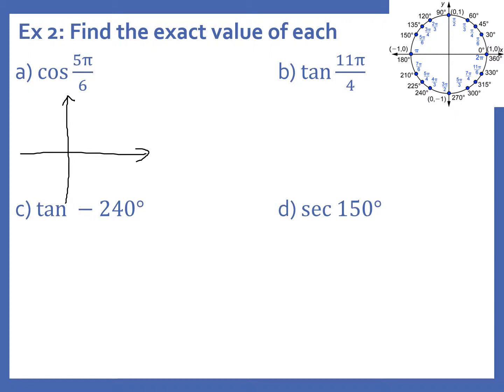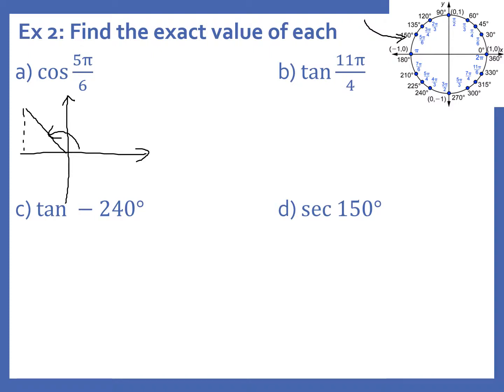5 pi over 6. Now you either have to have this memorized or you have this diagram in front of you. 5 pi over 6 is right there. So we know that our principal angle is in this quadrant.